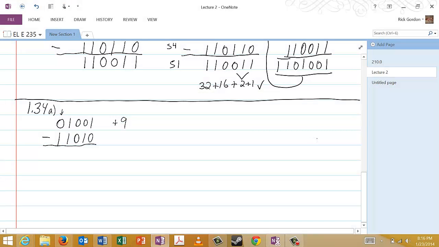Now, the second number, though, is trickier. The second number, since it begins with a 1 here, tells us that this is a negative number, but we have to ask ourselves, well, what negative number is it?